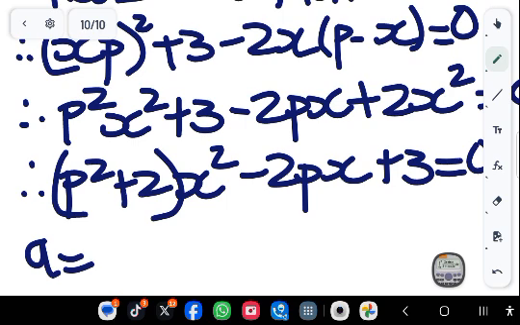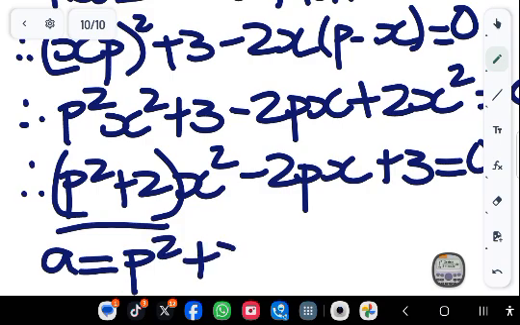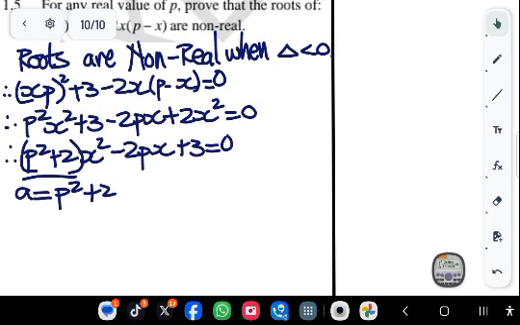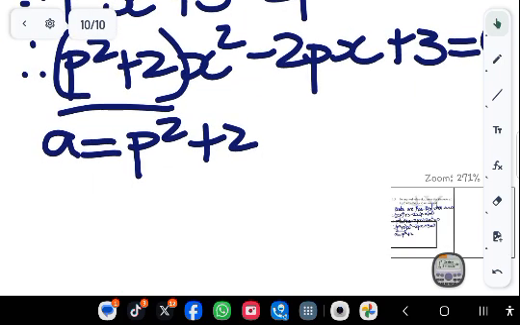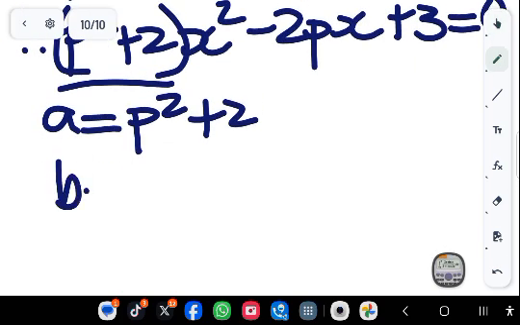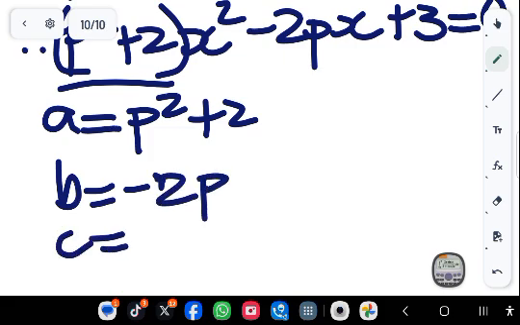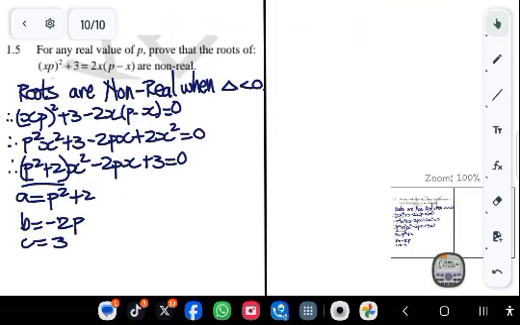Now the coefficient of x squared gives us a equals p squared plus 2. And b is the coefficient of x, so that's negative 2p. And c is the constant, which is 3.